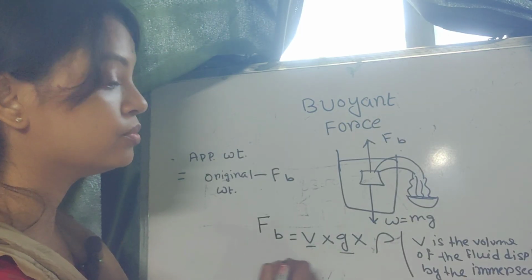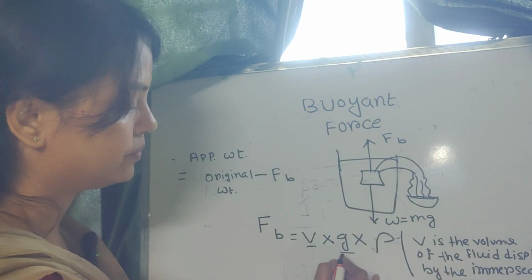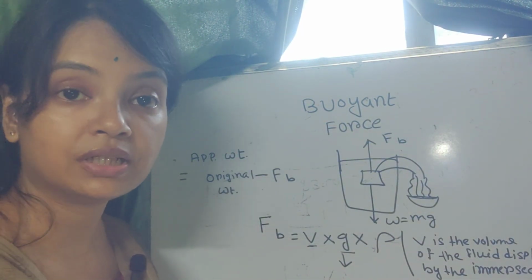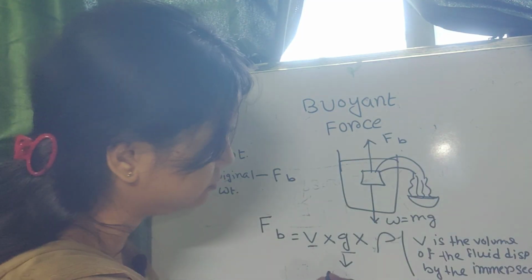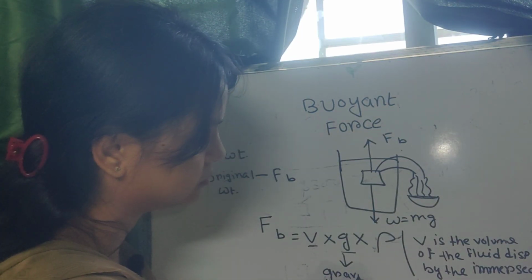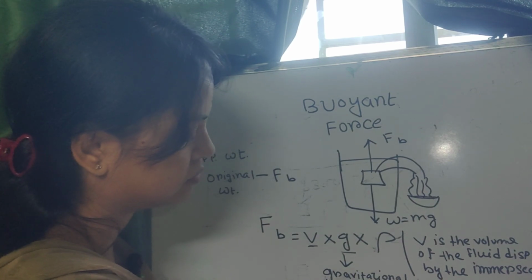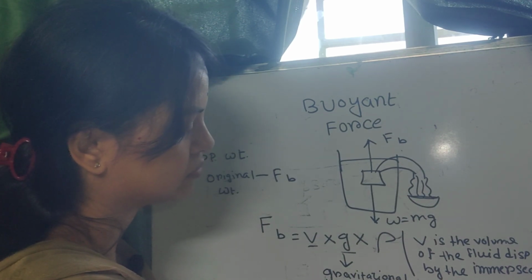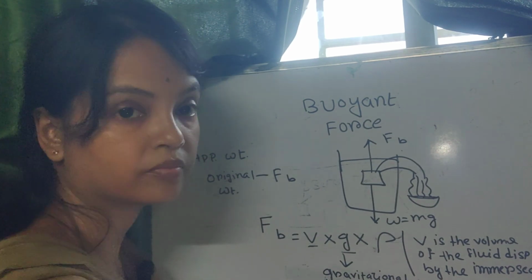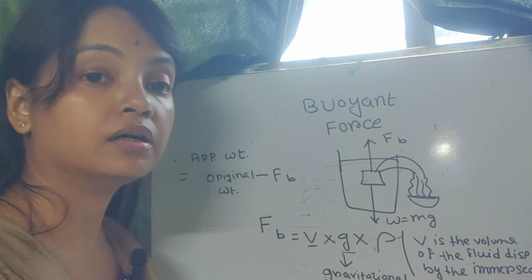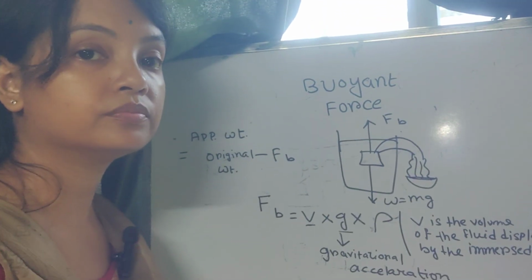What is G? We know G is the gravitational acceleration. And what is rho?